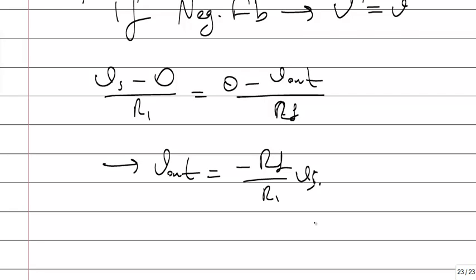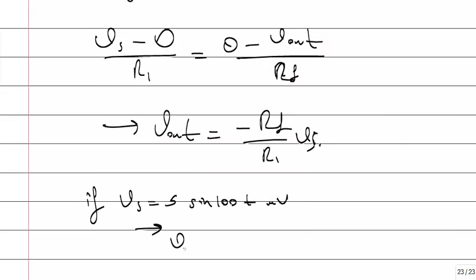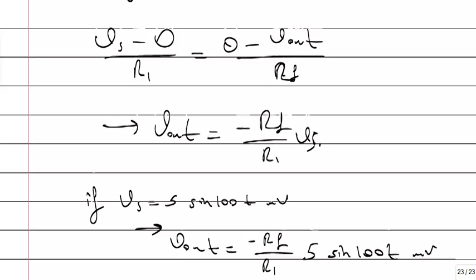For example, if V source is 5 sine 100t millivolts, then V out is minus RF divided by R1 times 5 sine 100t millivolts. RF and R1 cannot be negative. Okay.